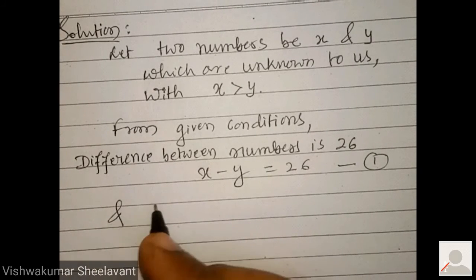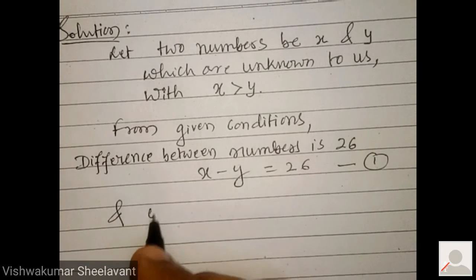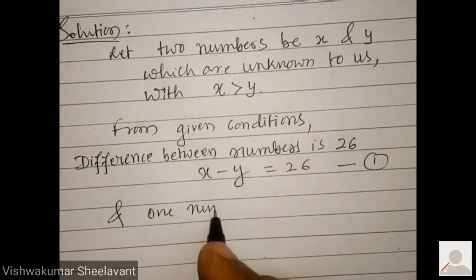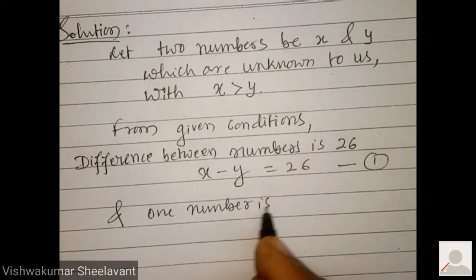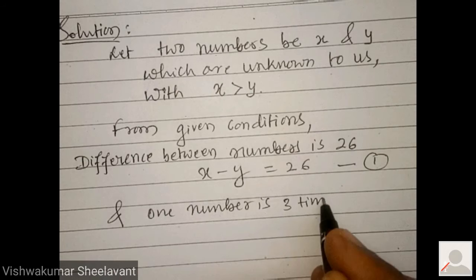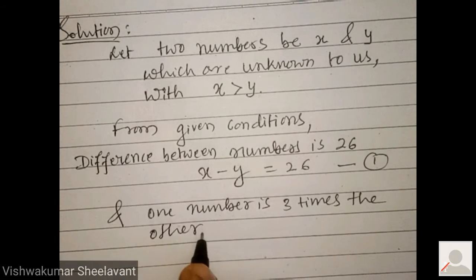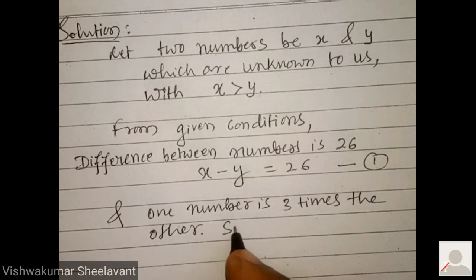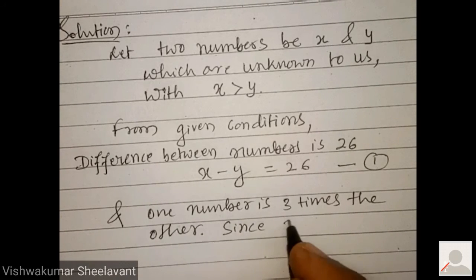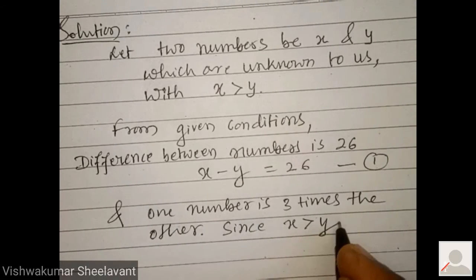And one number is 3 times the other. Since x is greater than y, we have assumed like that.